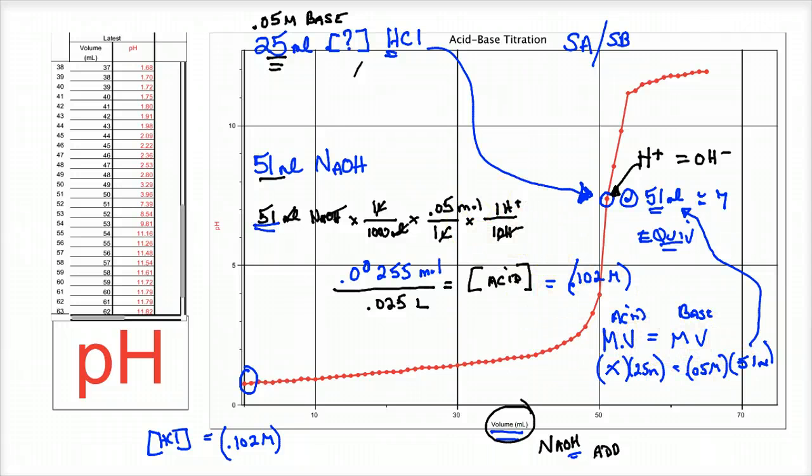So in any case, 0.05 times 51, divide by, sorry, that's 25 milliliters, right? So that's not 0.25. So 0.05 molar times 51, divide by 25 milliliters, and I get the same answer. My molarity of my acid is 0.102.